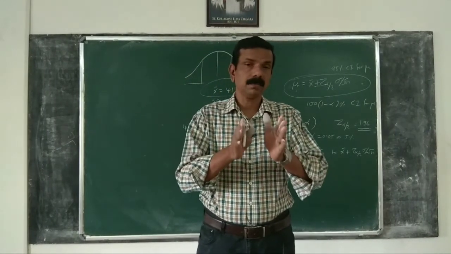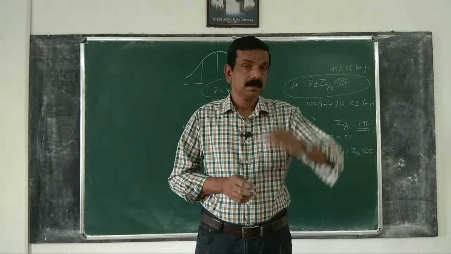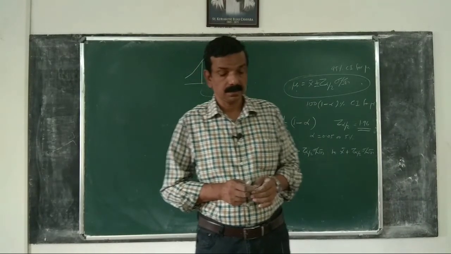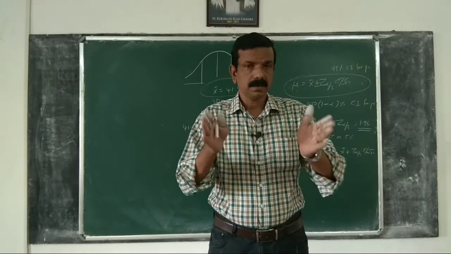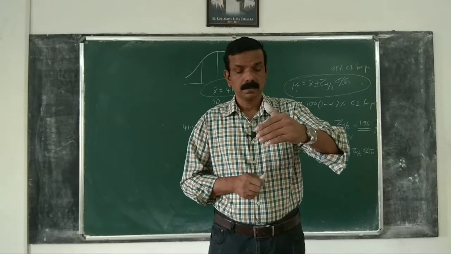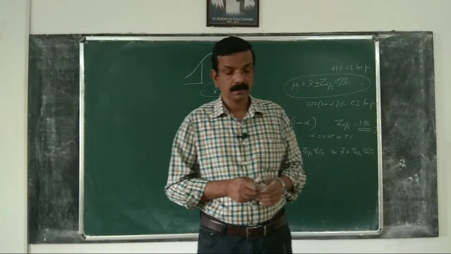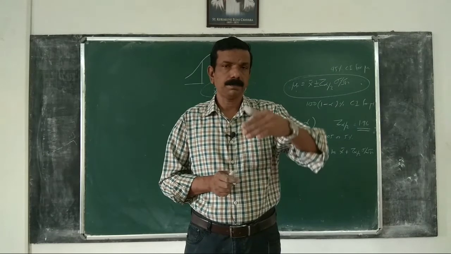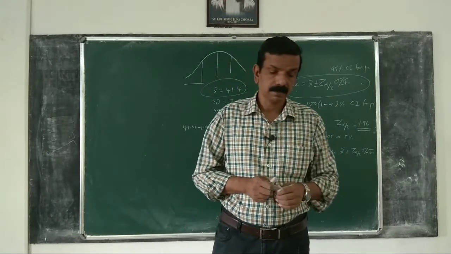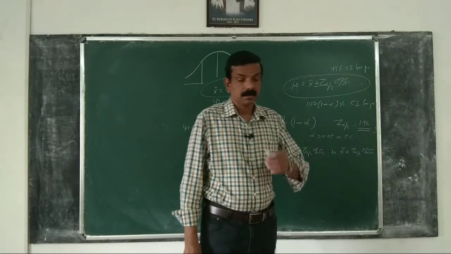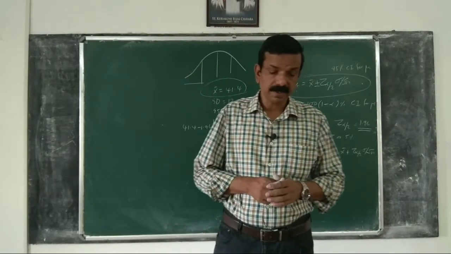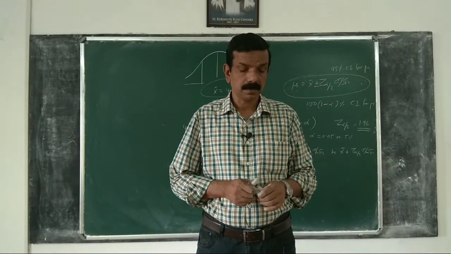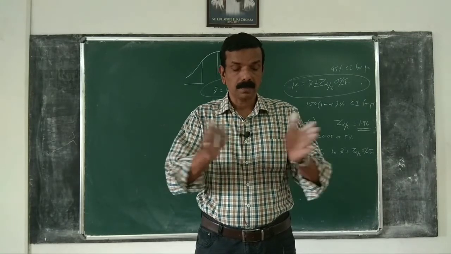So, this is how we construct confidence intervals using Z, assuming that the population standard deviation sigma is known. When using this procedure, remember a few points. This procedure will work even if the population is not normally distributed and the sample size is small or moderate, provided that the variable is not far from normality and there are no outliers.